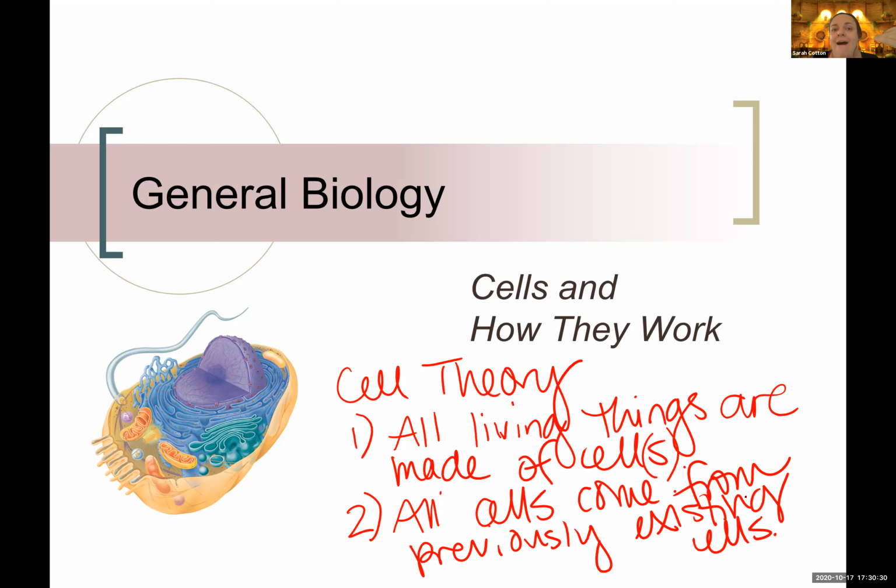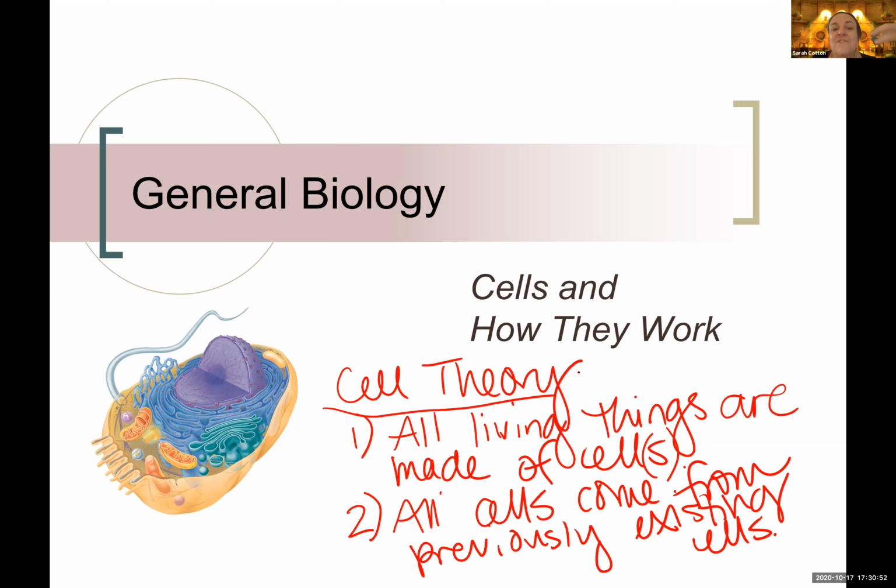Notice that the second part of cell theory is that all cells come from previously existing cells, because this is the only way that we have thus far observed production of a cell.